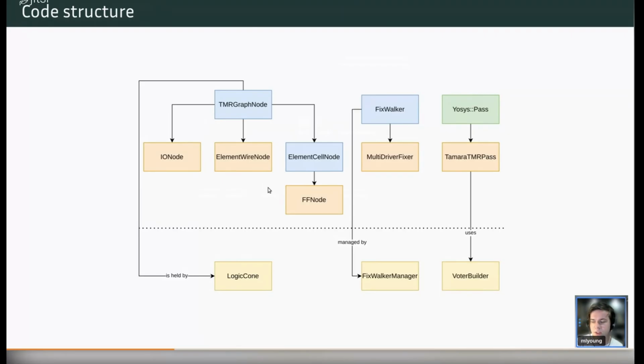But here I distinguish between things that connect other things, so a wire, and things that are particular logic elements. And these all get bundled up into a logic cone element. I then have things that can walk the circuit and provide fixes to the circuit, and I also have the main plugin pass command and the voter builder, which will build the voter circuitry.